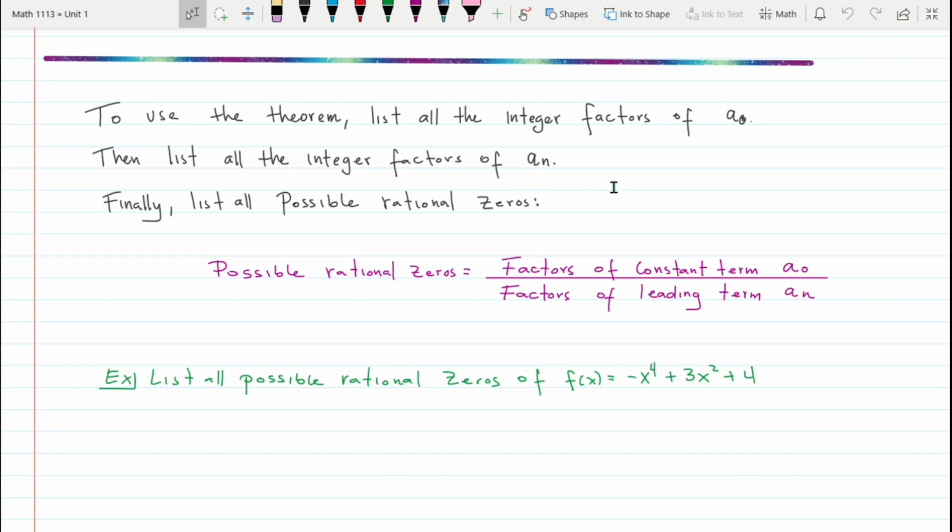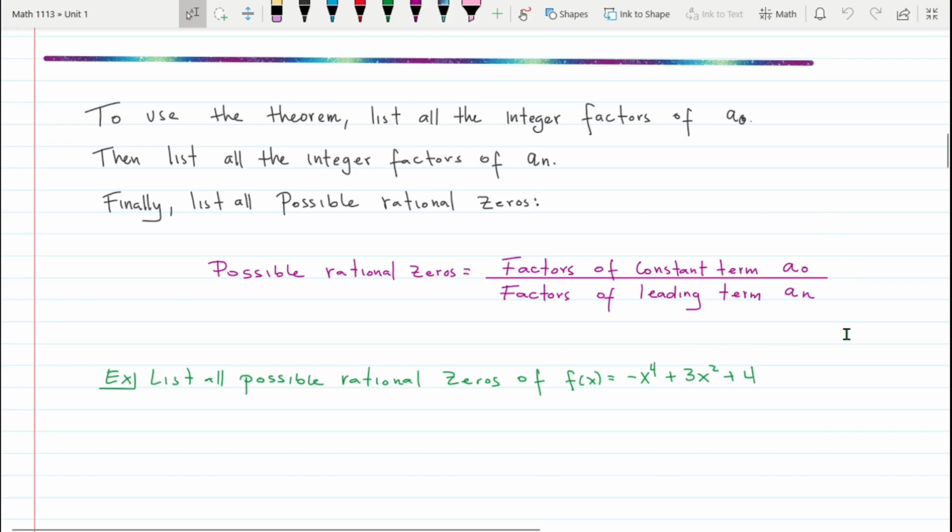Then you're going to create a ratio between those, like we're showing here. So all of the possible rational zeros is nothing but a division between the factors of the constant term, a sub 0, divided by the factors of the leading coefficient, a sub n.